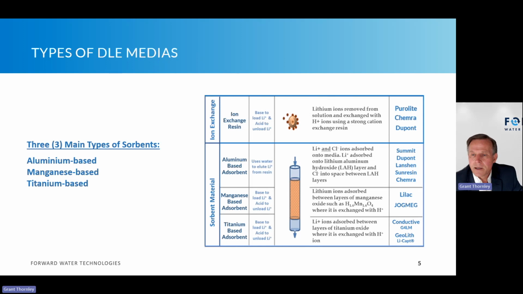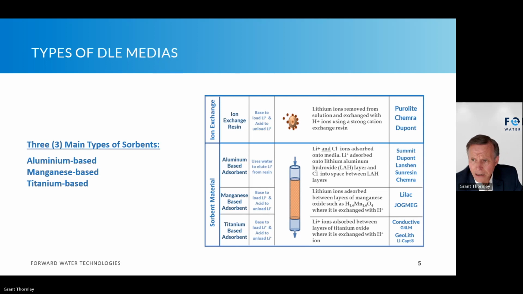Aluminum-based absorbents are a little bit different from the others because you use water to elute lithium off of the resin. So we flow the brine into the media, and then we use water to strip or elute the lithium off, which is a little bit different from a manganese-based or a titanium-based material, which is an ion sieving material, not a sorbent.